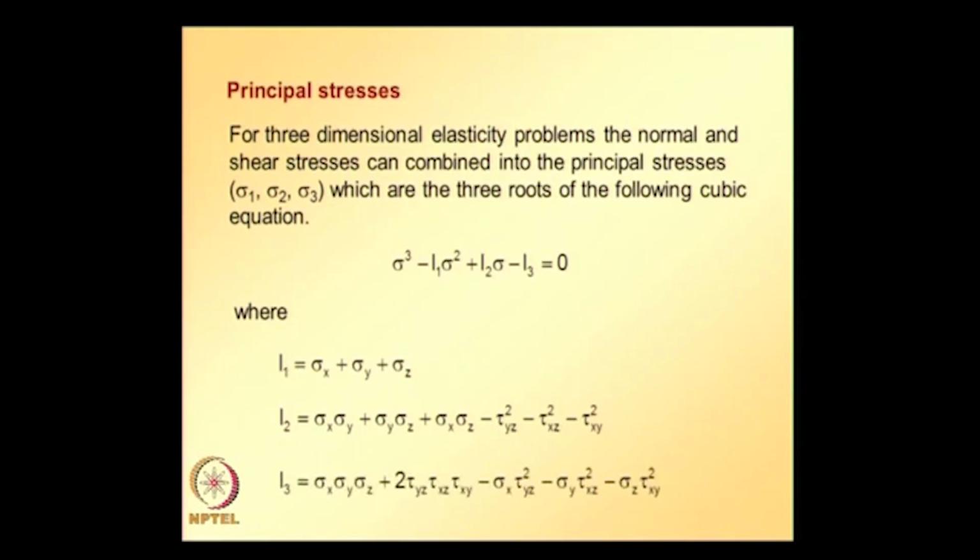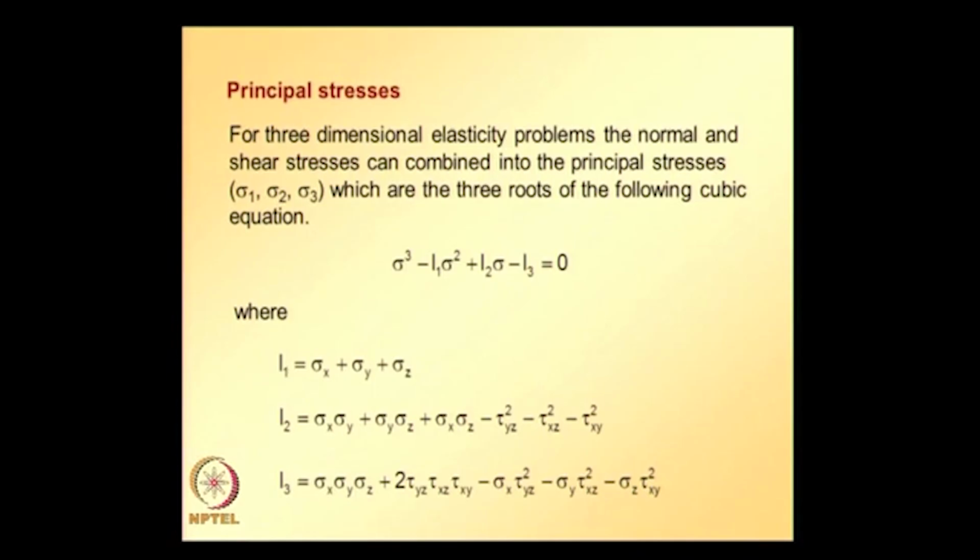So once we know all the components of the stresses at a particular point, we can easily evaluate what is I1, I2, I3 using the normal stress components and shear stress components. Once we get the numerical values of I1, I2, I3, we can solve these cubic equations for the 3 roots.